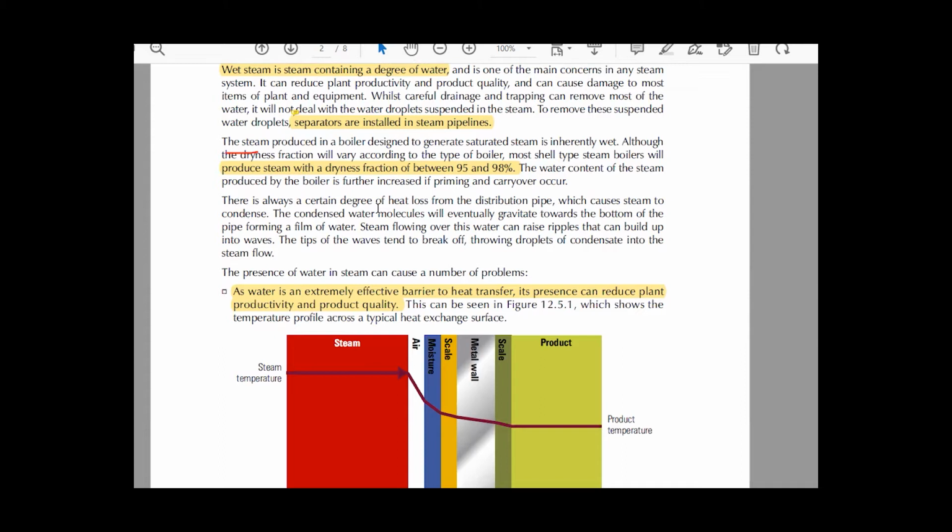It is because of the pressure drop due to fittings and piping. When the pipe runs horizontally for 100 meters, there is a 1 bar pressure drop. This pressure drop is the main reason for condensation of the steam.